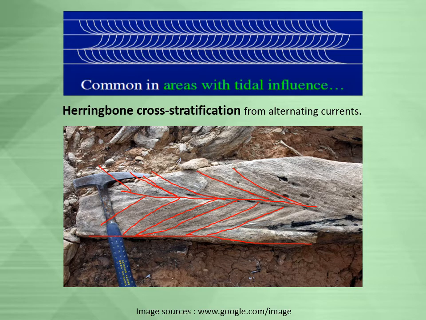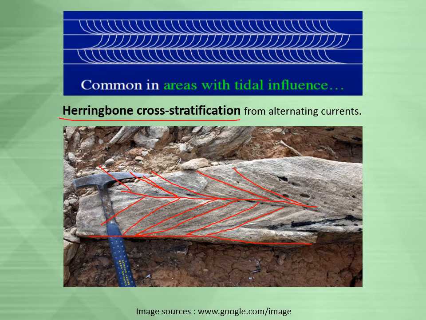So basically, scientifically, the cross lamination orientation in two successive beds are opposite to each other. We call them as herringbone cross stratification.